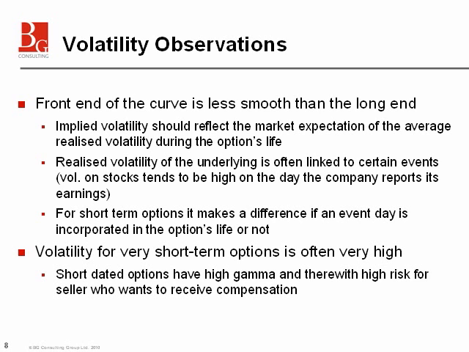For example, volatility on stocks tends to be high on the day the company reports its earnings. For short-term options, it makes a difference if an event day is incorporated in the option's life or not. Also, volatility for very short-term options is often very high. Short-dated options have high gamma and therewith high risk for sellers who want to receive compensation.